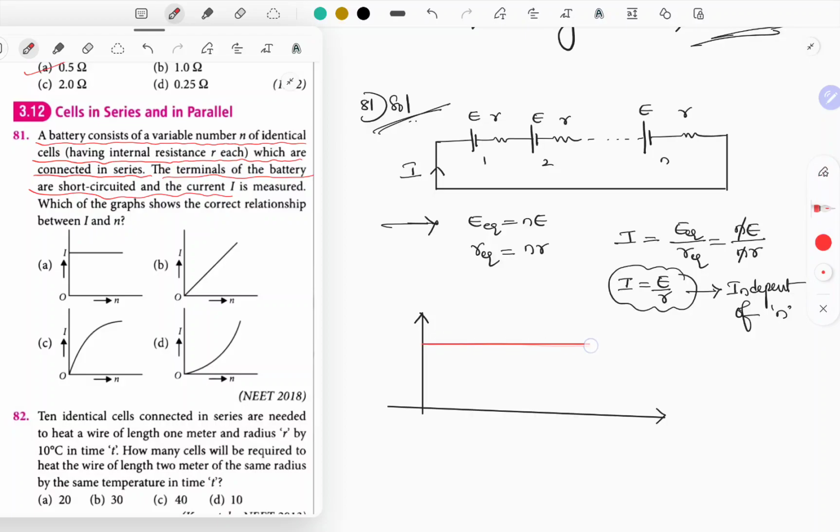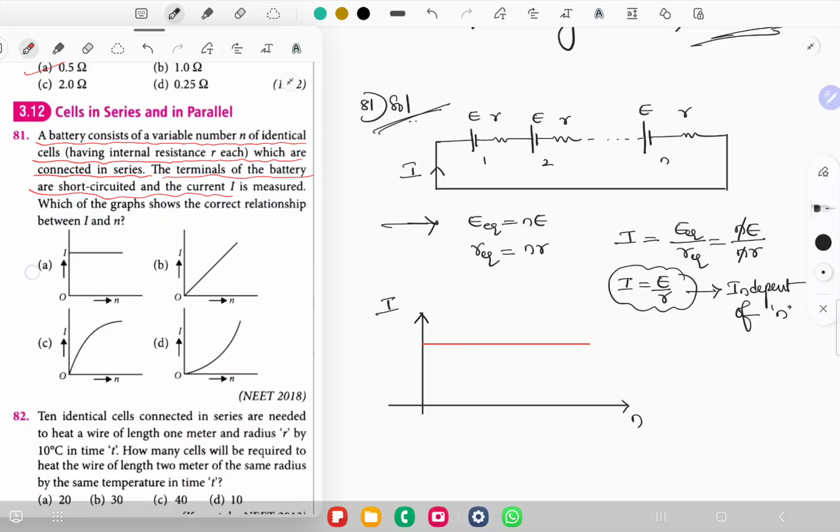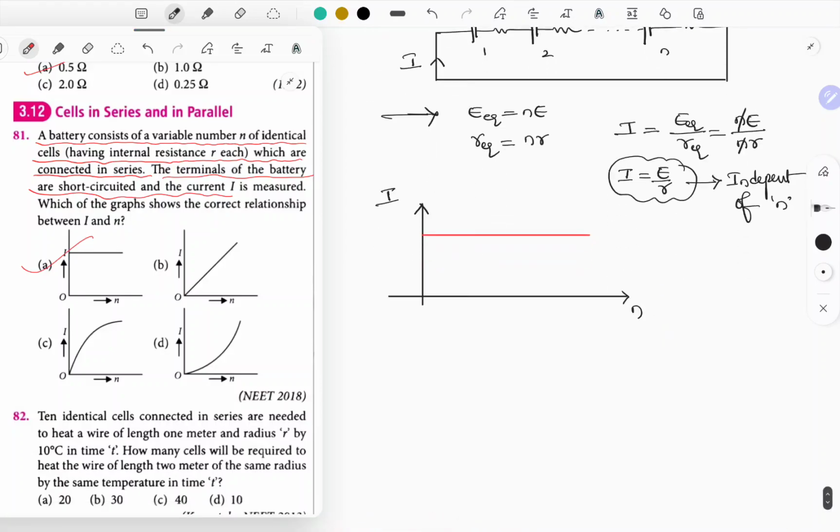This is the straight line I am going to get, because even though you are changing the number of cells, the value of current is not going to change. It is going to remain constant. That's the meaning of this graph. So this is n and this is I. Which option matches for this? Option A is the correct answer. So for question number 81, option A is correct. Let's move on to the next question.